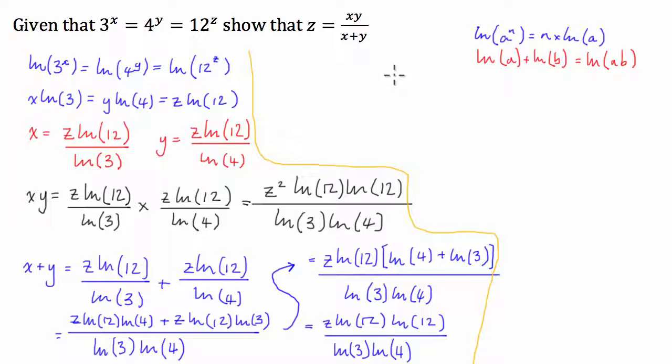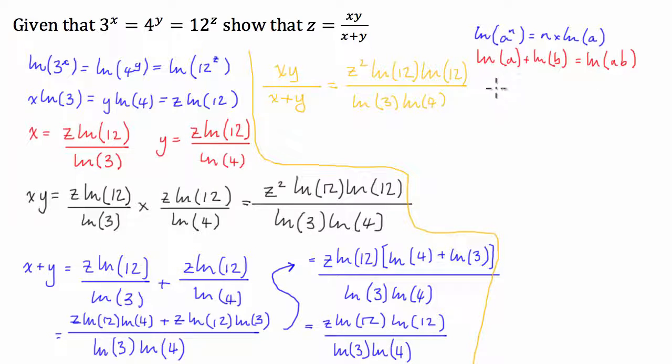So now what we can do is, x y divided by x plus y is going to be equal to, well, xy is this, z squared ln 12 ln 12, and that's over ln of 3 ln of 4.